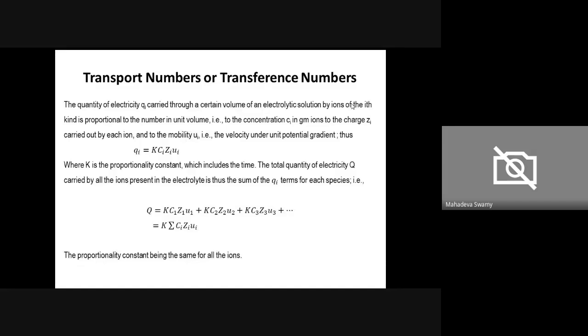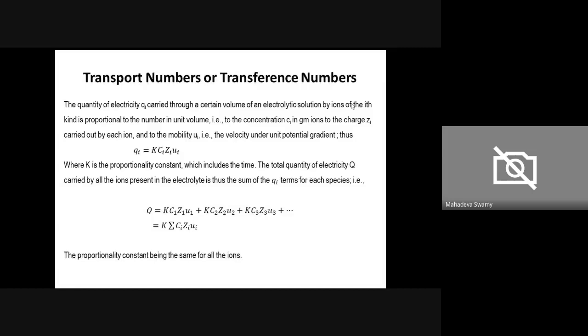Okay. Here, the quantity of electricity Qi carried through a certain volume of an electrolytic solution. Already you know, electricity we represent as Q. Q ith kind of current electricity we are going to take here. So the quantity of electricity Qi carried through a certain volume of an electrolytic solution by ions of the ith kind is proportional to the number of unit volume.